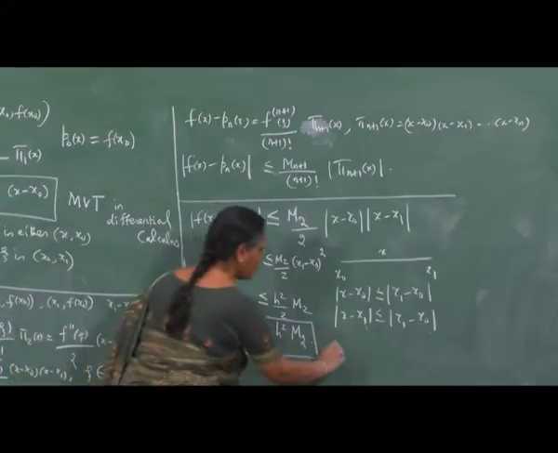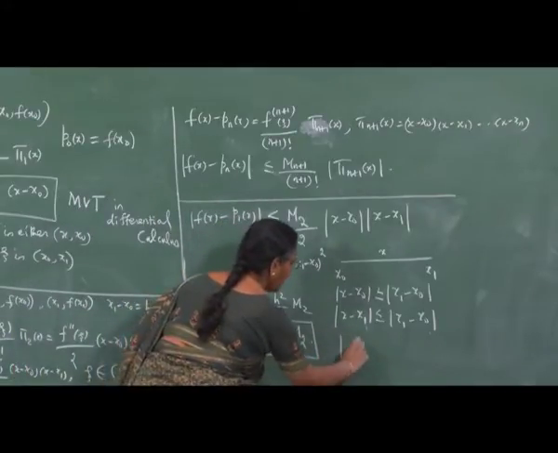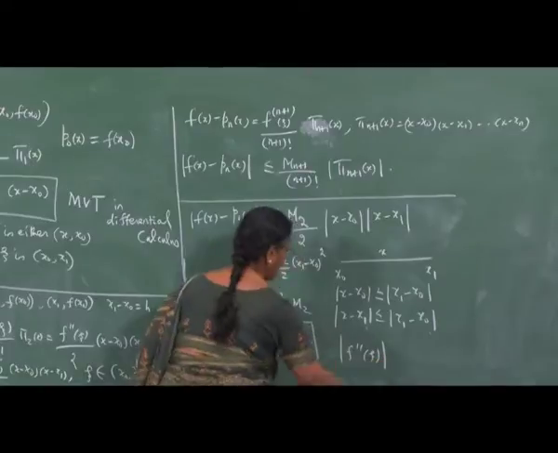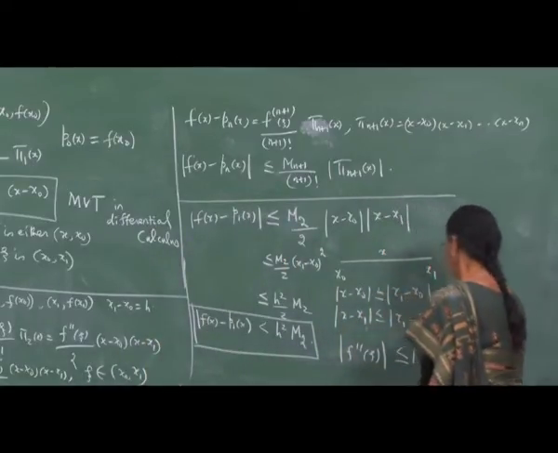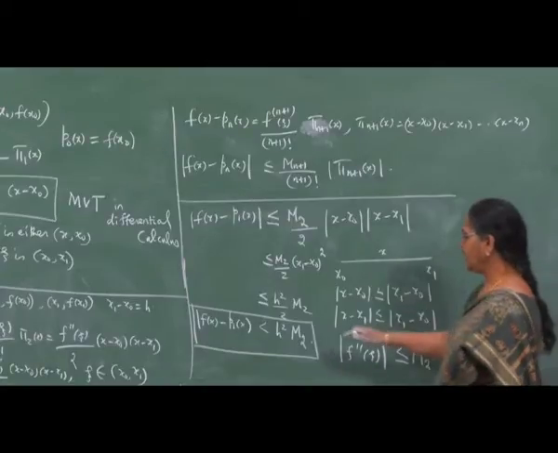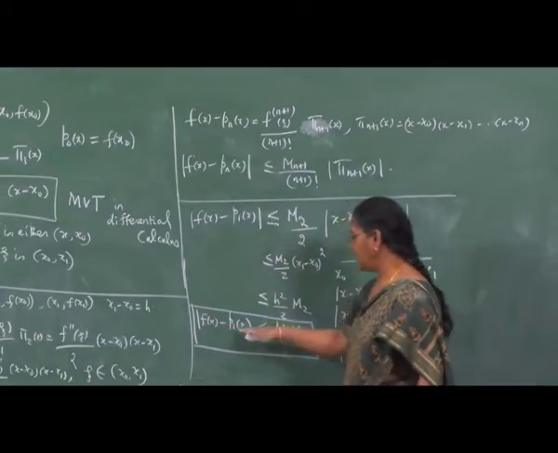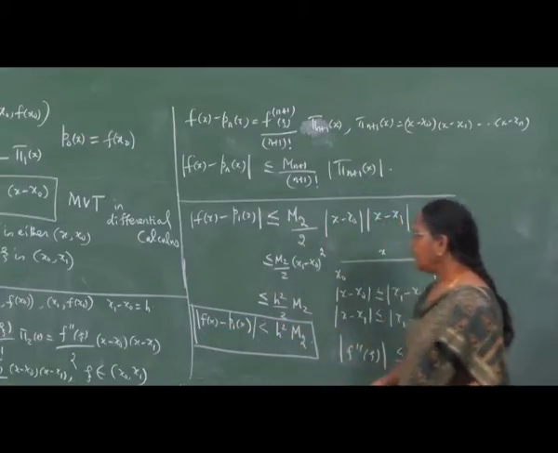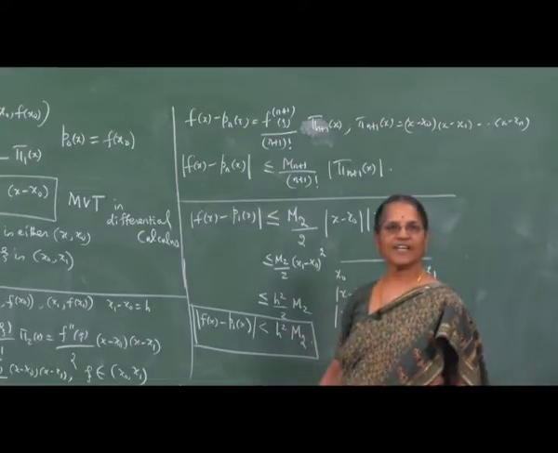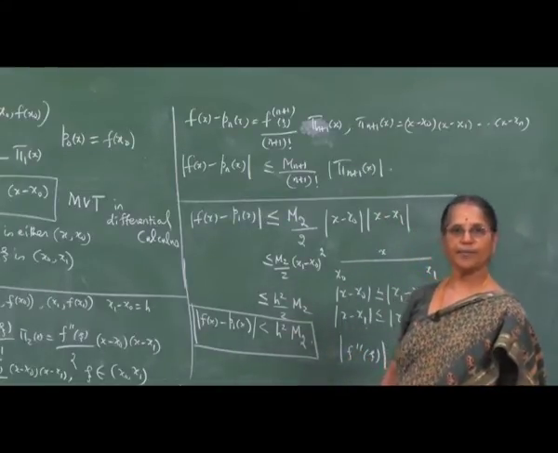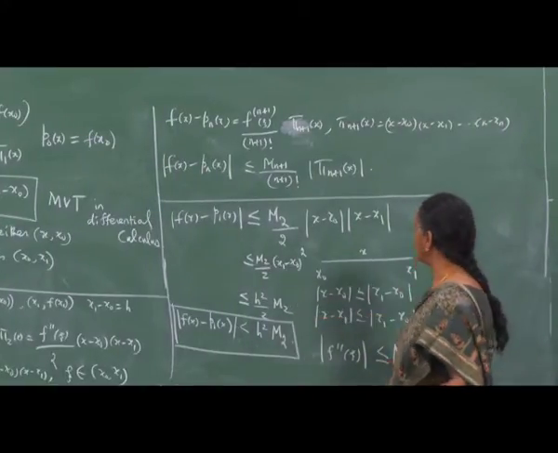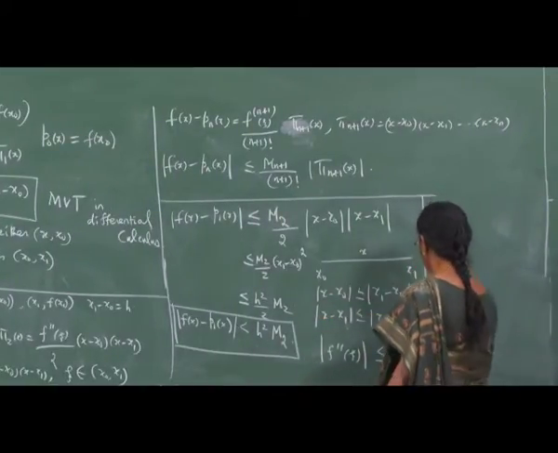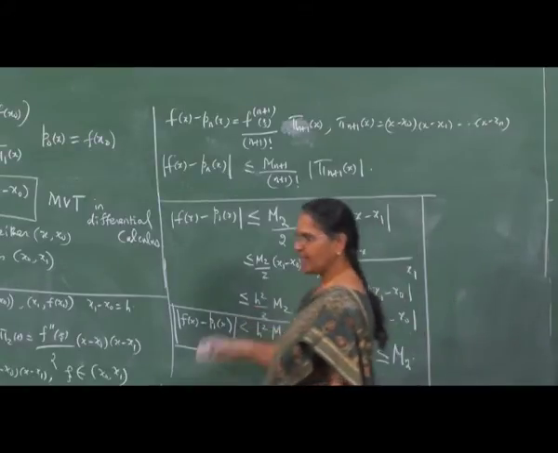And what is m2? Modulus of f double prime of psi is less than or equal to m2. So, we have the error bound in case when we approximate f of x by a linear interpolating polynomial. Let us consider an example and understand this result.